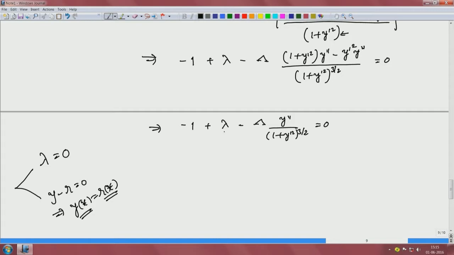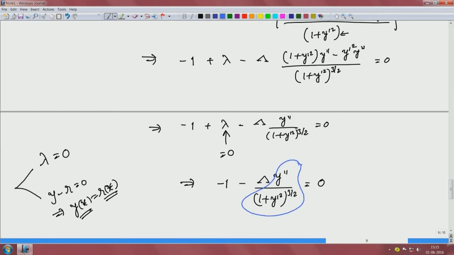If I substitute for the first case lambda equal to 0, then minus 1 minus lambda into y double prime plus 1 plus y prime square 3 by 2 equal to 0. If you notice, this is actually curvature.